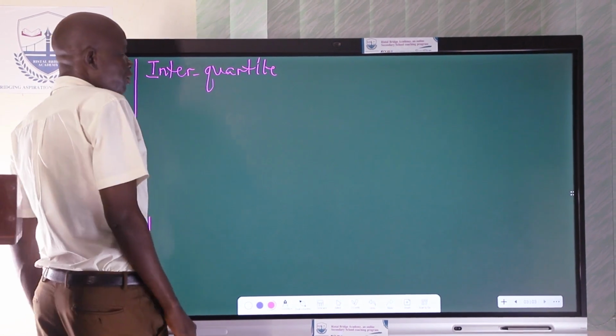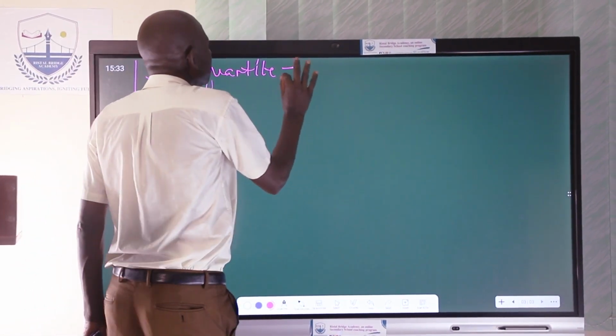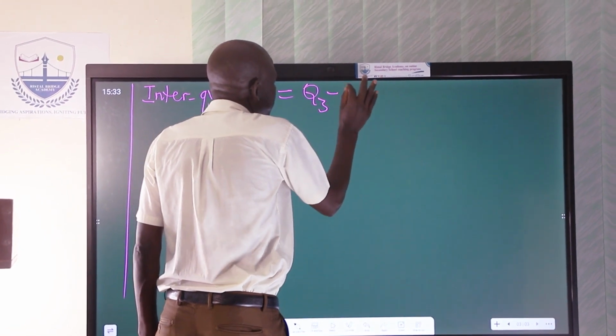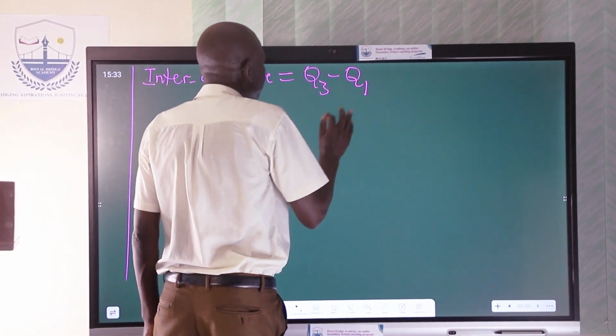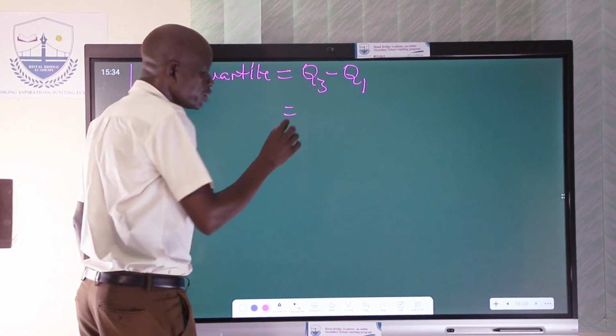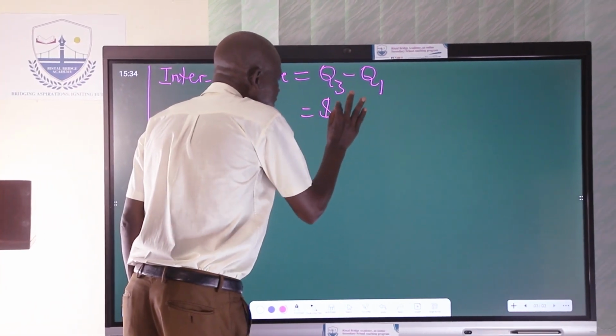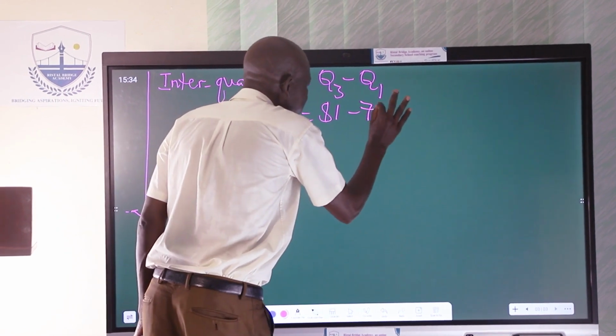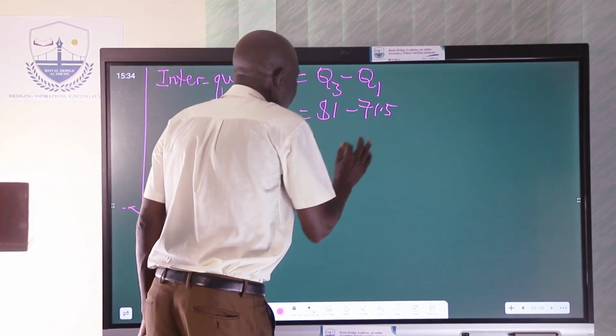The interquartile range is got by Q3 minus Q1, whereby Q3 we got as 81 minus Q1 we have got as 71.5.